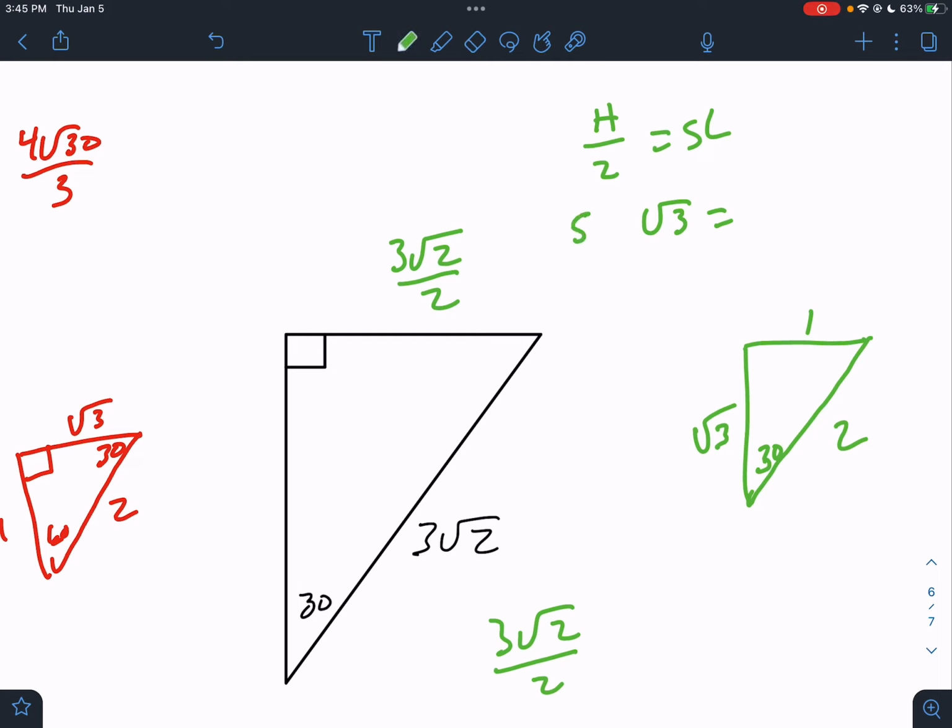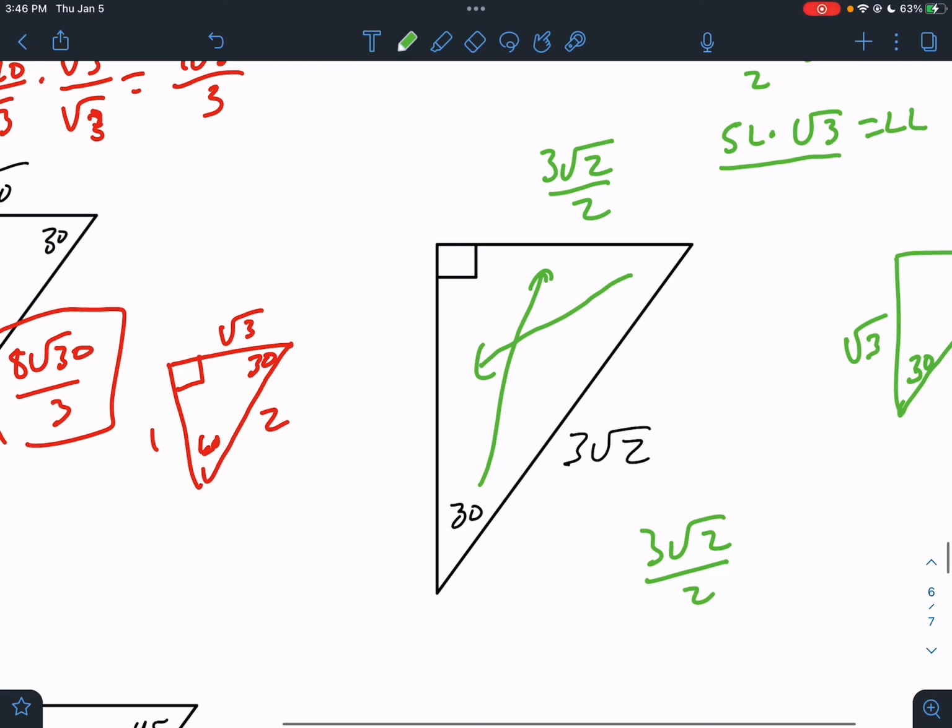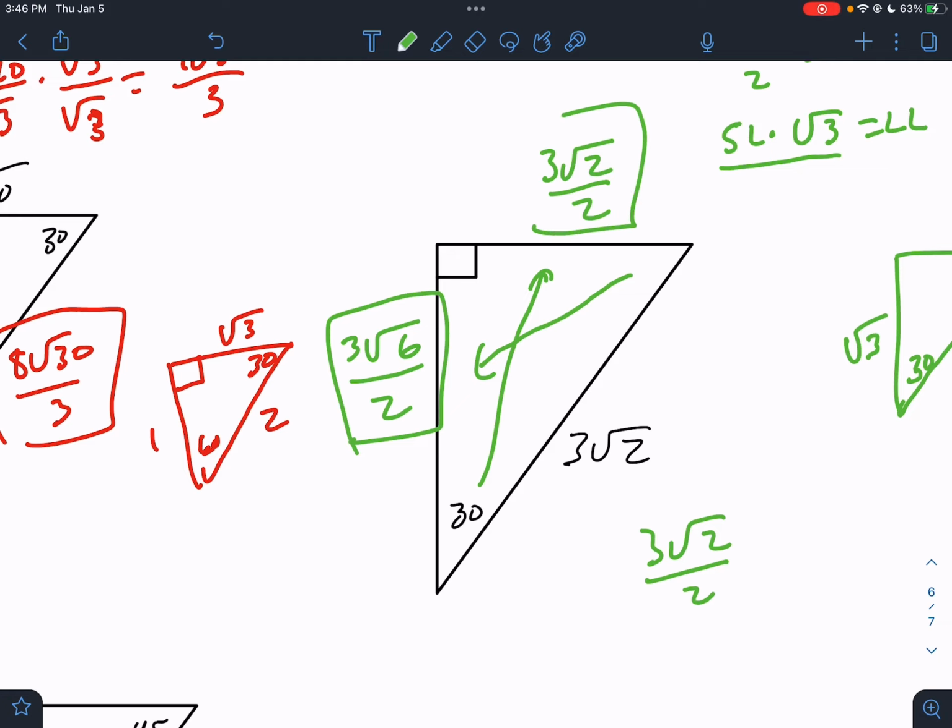The short leg times the square root of 3 equals the long leg. Okay, we're back on track. This is the short leg. We need the long leg. We need to multiply this number by the square root of 3. Well, that would be 3 root 2 over 2 times the square root of 3, which would get me 3 root 6 over 2. Boom.